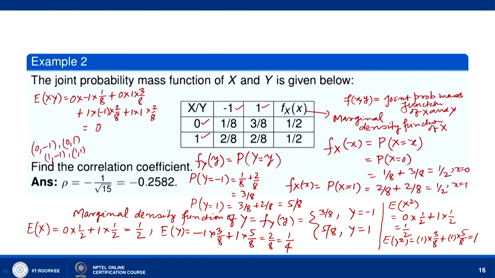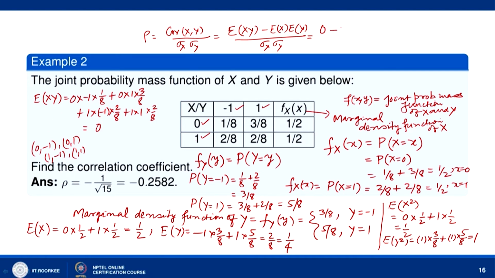And thus we have rho equal to the covariance of x y divided by sigma x sigma y. Covariance of x y is the expected value of x y minus E x E y, divided by sigma x sigma y. Now, the expected value of x y is 0.